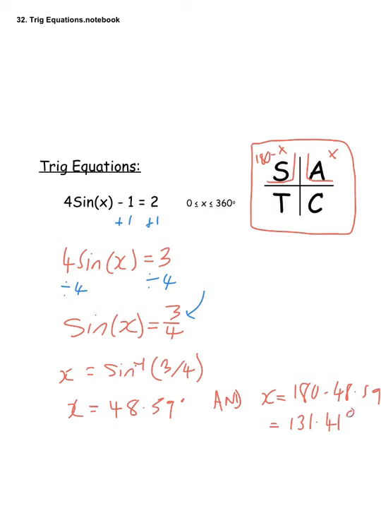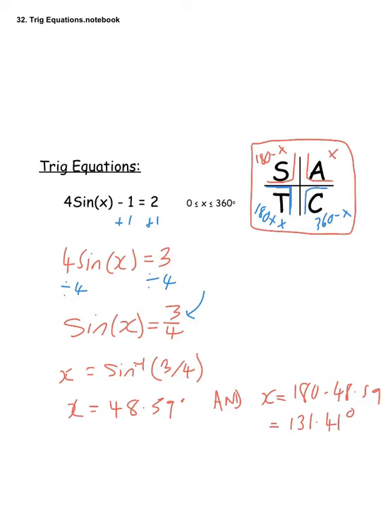There are two other situations that you might fall into here. If you have got a tan function and you've got a positive answer, then you are going to do 180 plus x. And if you've got a cos trig function, you are going to do 360 minus your x to get that second answer.